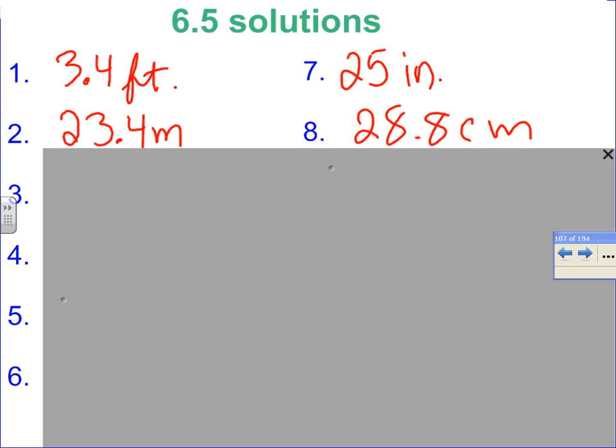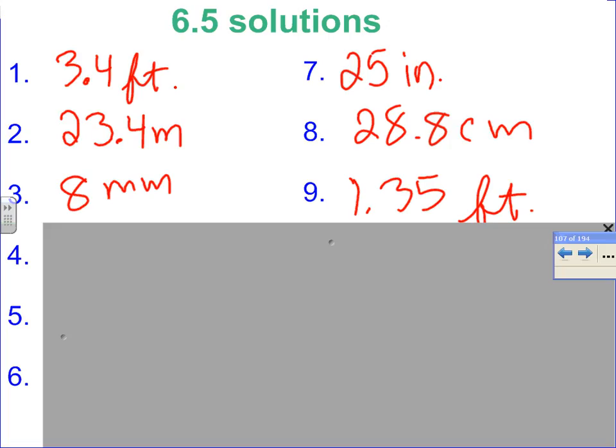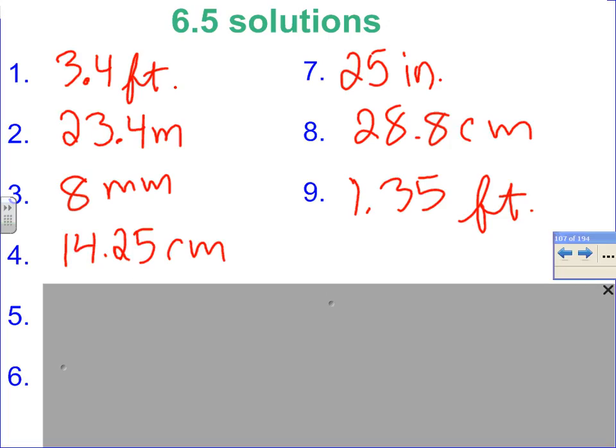Matt, number 5. Good, 9.6 feet. Charles, number 6. Good, 6 meters. Number 7. Let's see. Mary. Good, 25 inches. Number 8, Emma M.